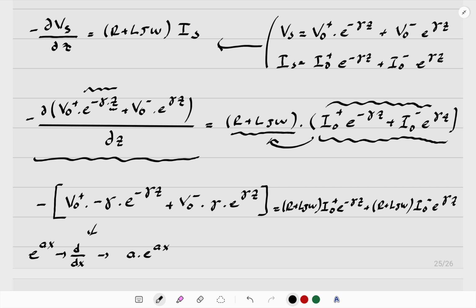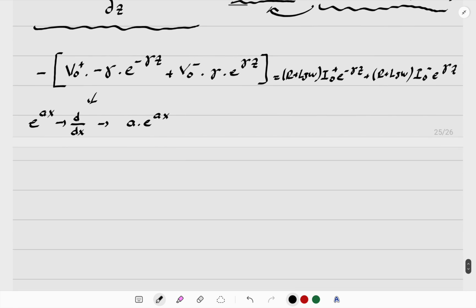Let's not go forward, but if we want to go forward, we have to use this particular information over here. Remember that from the instantaneous form to phasor form, we use this particular approach for Vs, or any different equation we have, e to the j omega t.